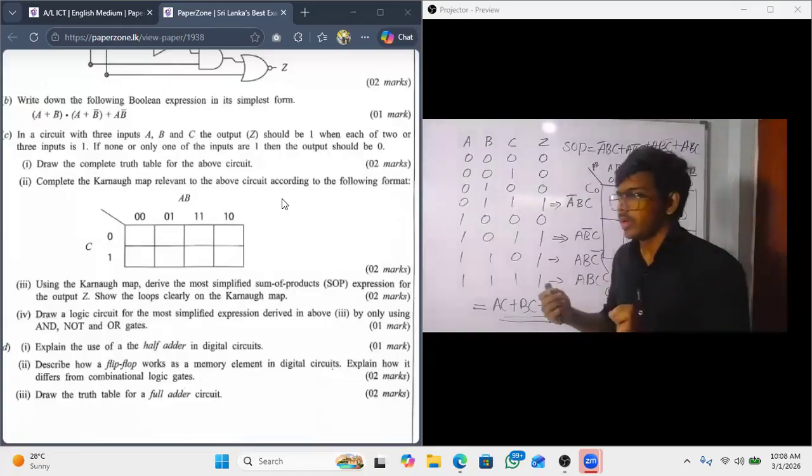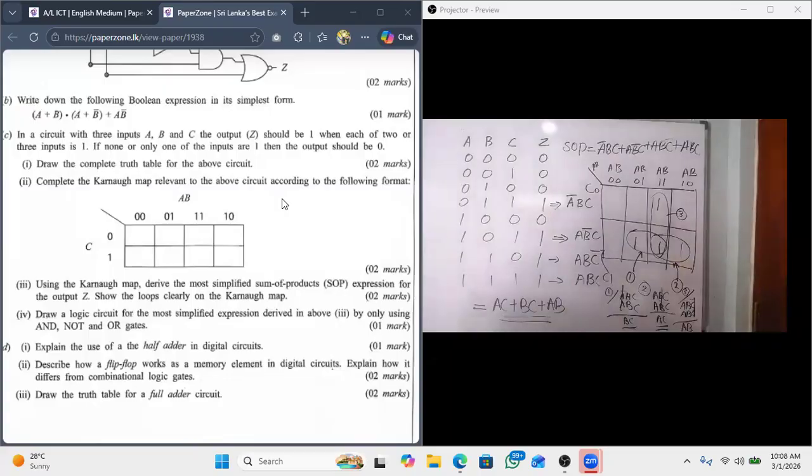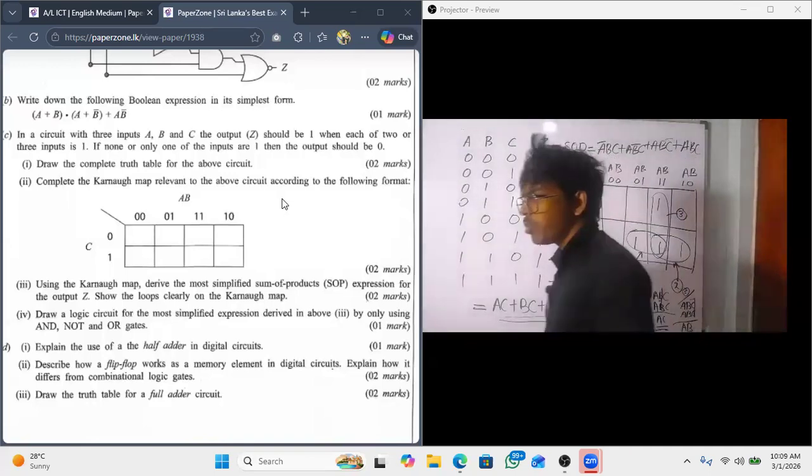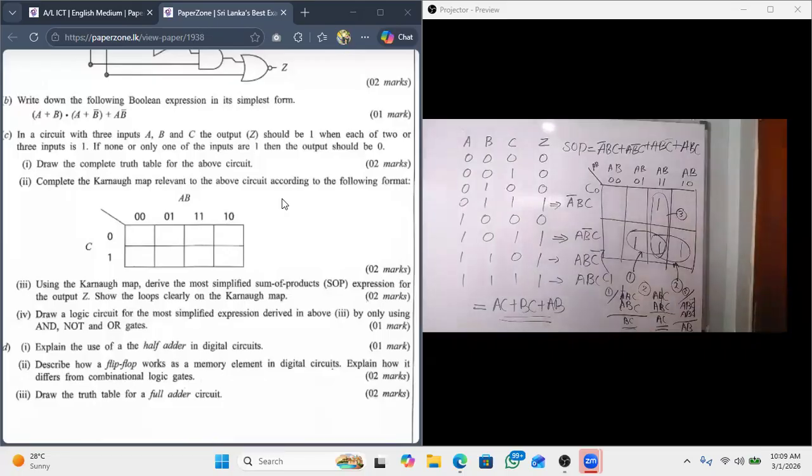I assume it is a bit hard for you because I didn't teach. But I am giving you the opportunity to draw the simplified circuit. Using what gate are they asking? Only by using AND, NOR or not? This is easy. This is nothing. Very simple.